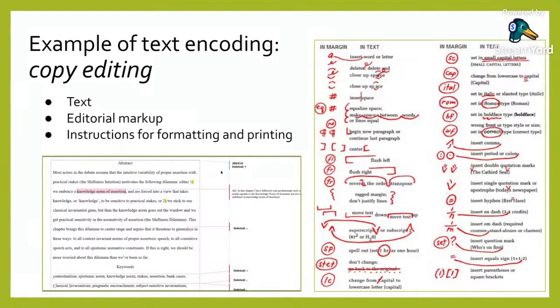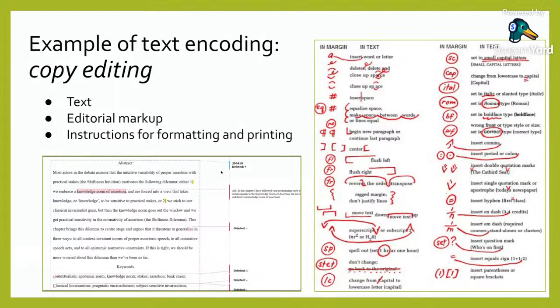Now, these instructions might indicate that something should be deleted, inserted, or moved. In other words, while preserving the original text that is there, they also give us information about how we should interpret that text. But they could also specify how the text should appear in a final printed version for any potential readers.